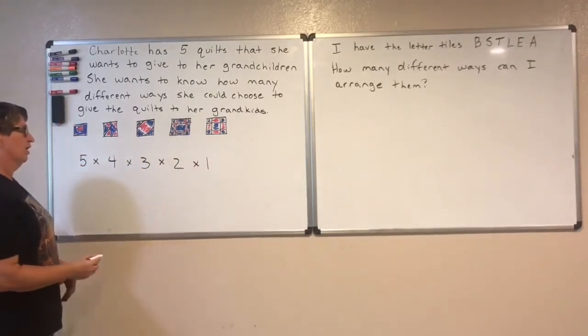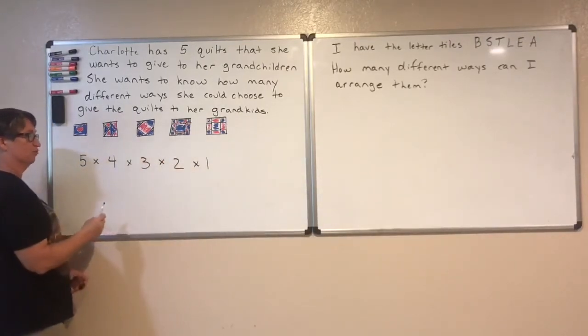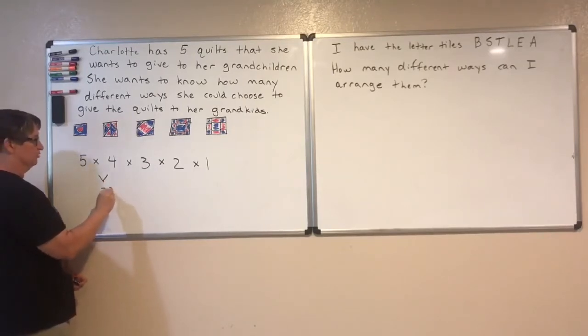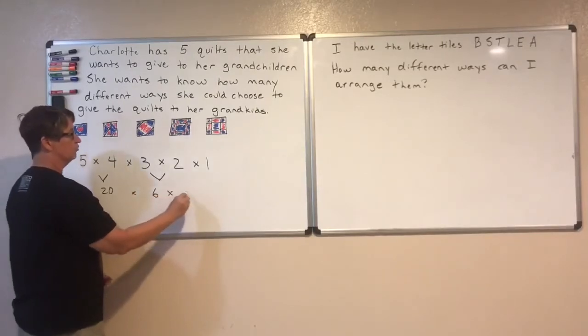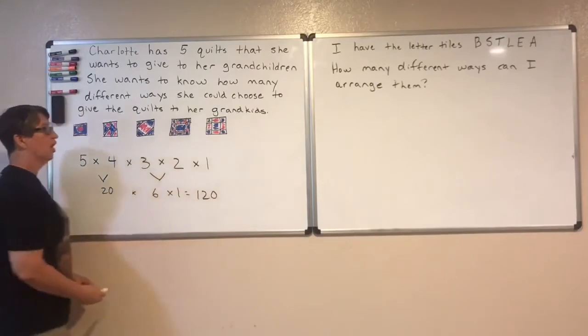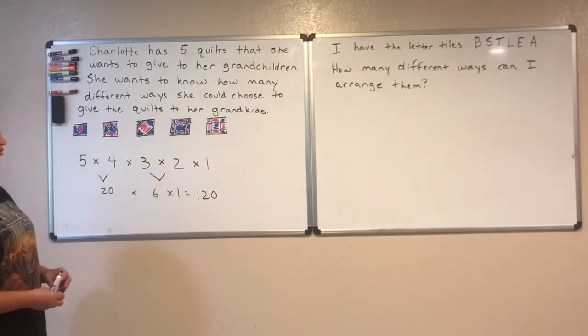So these are all the different ways that she could choose to give her 5 quilts to her 5 grandchildren. If we do that multiplication, we see that we have 20 times 6 times 1, which gives us 120. There are 120 different ways that she can give her 5 grandchildren those quilts.